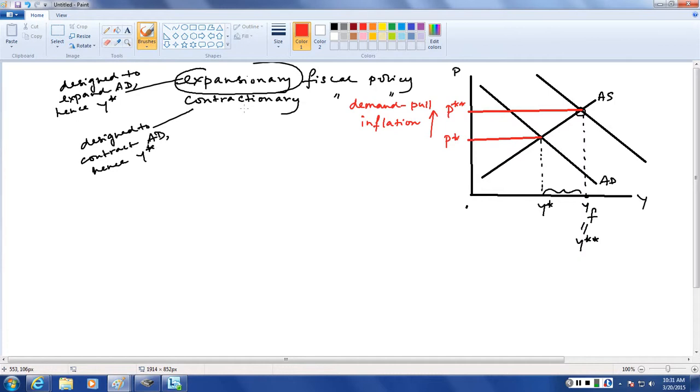Now, we can start to talk about taxes, because remember, fiscal policy has two components. Fiscal policy is policy about government spending and taxation. We have discussed how this works. We've discussed the government spending multiplier.